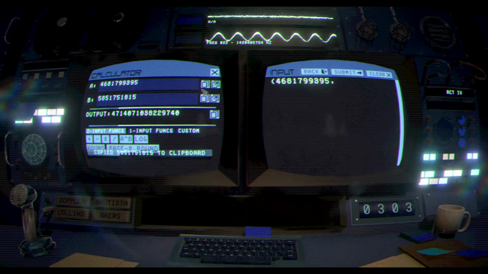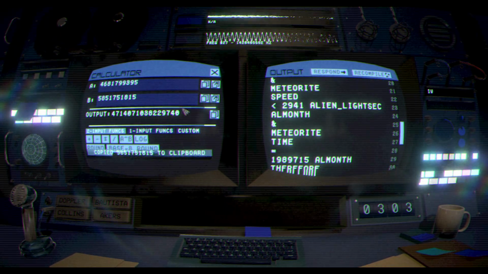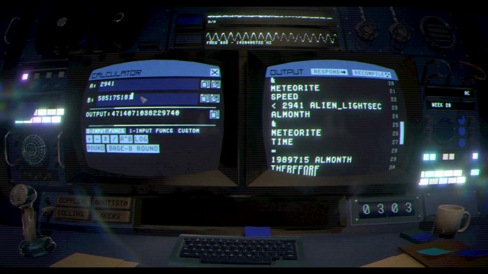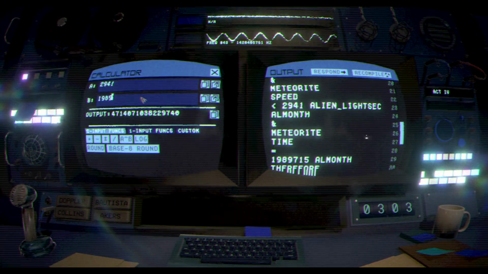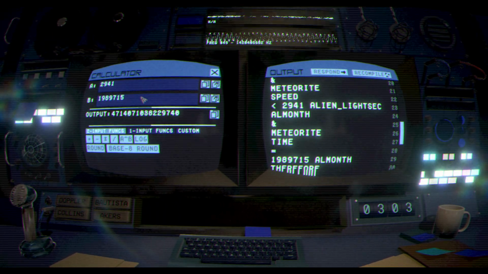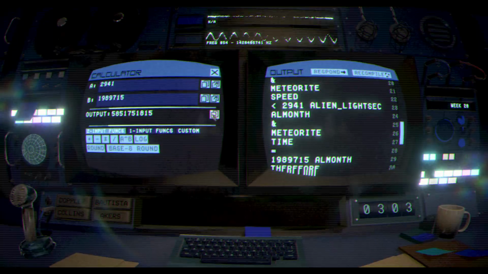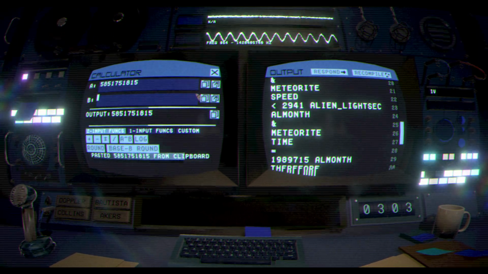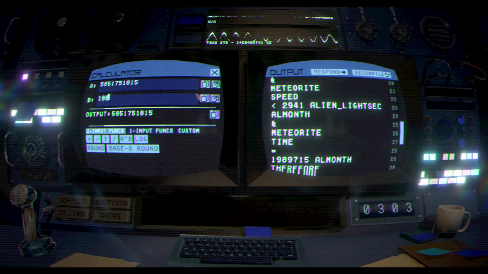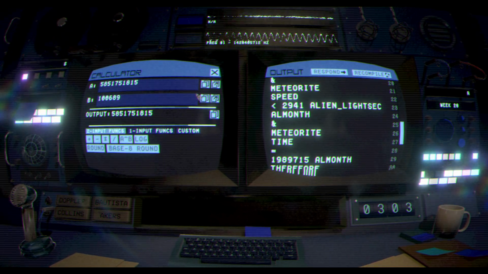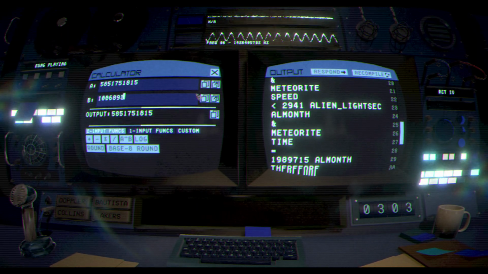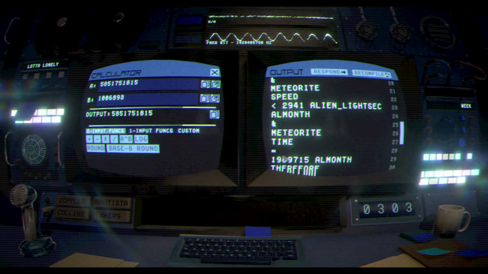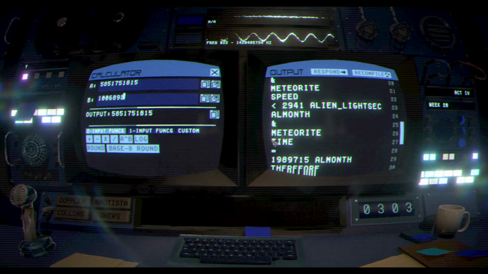Oh, wow. So we're gonna take 2941, multiply by the alien all month, and then multiply again by the amount of all seconds in the all month to convert to the alien light seconds.